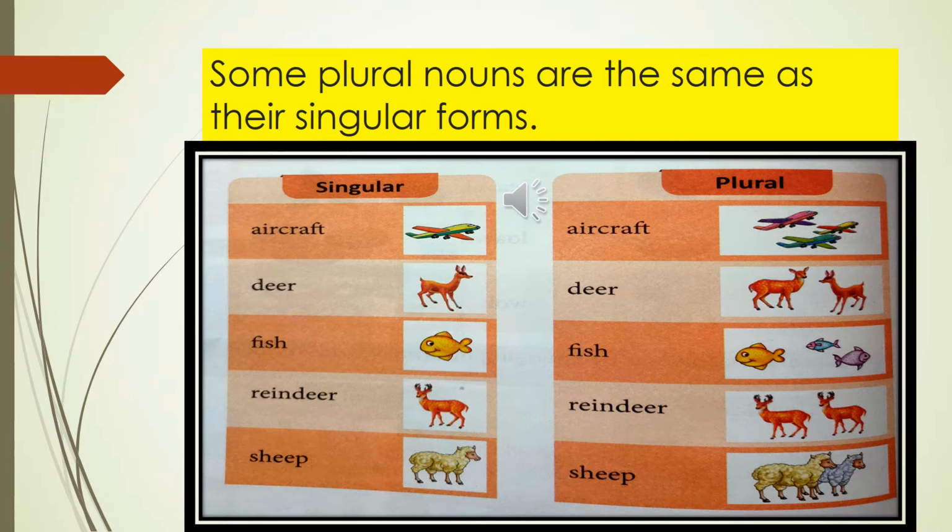Deer is deer whether it is singular or plural. Fish is fish. We never say fishes. We always say fish for plural also. Reindeer remains reindeer. Sheep remains sheep. We never write sheeps because these plurals remain same as singular.